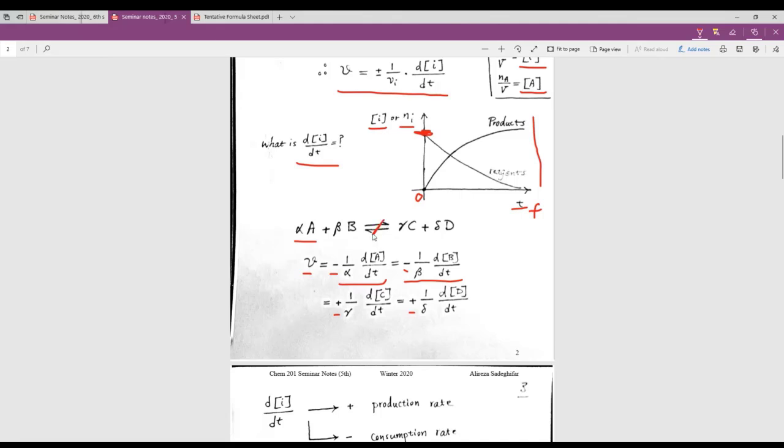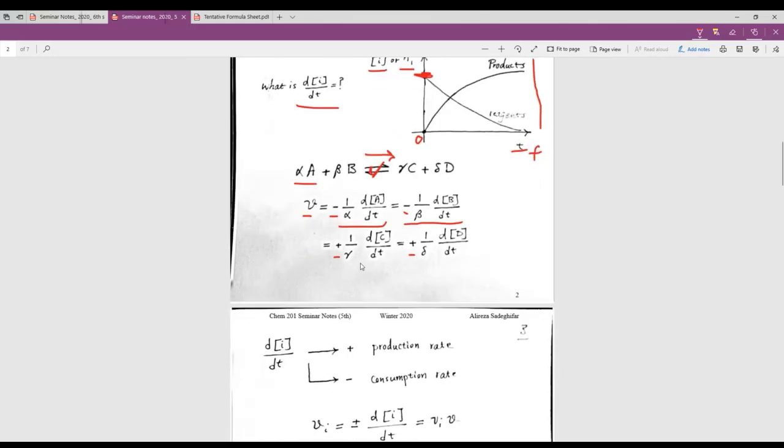Let's say, to make it simpler, this is just a forward reaction. So you can write down the general rate for the reaction in terms of any of the species in the system involved in the reaction. So that's how we write down the equation for the general rate.